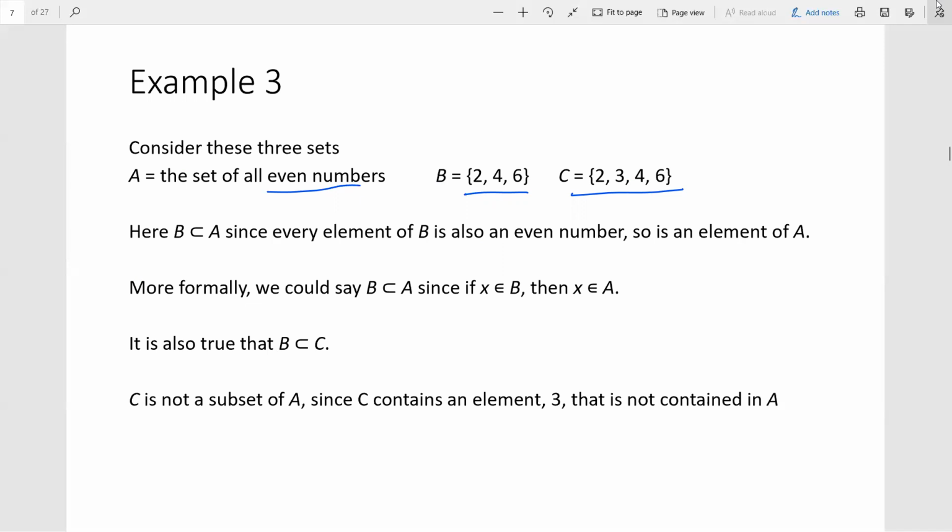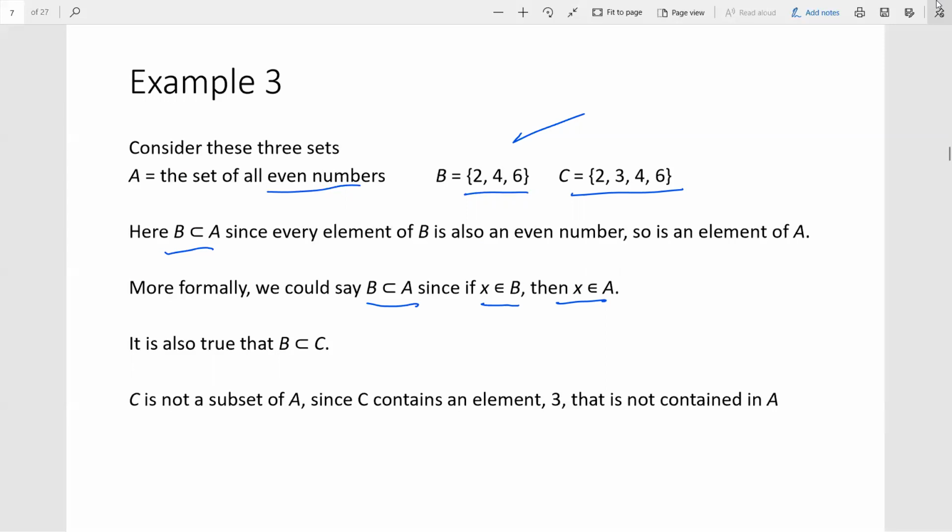Here, B is contained in A, or is a subset of A, since every element of B is an even number, so it is an element of A. More formally, we could say that B is a subset of A, since if x is a number that is in B, then x is in A.